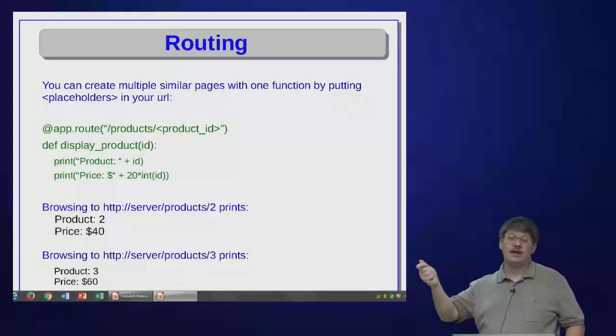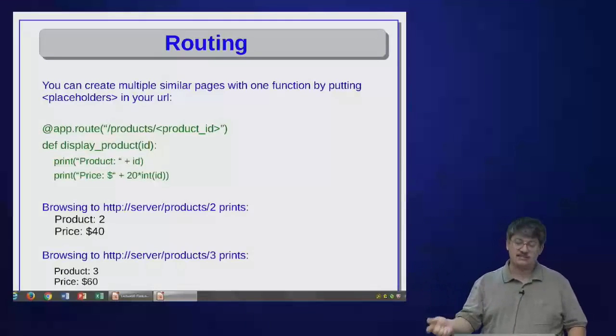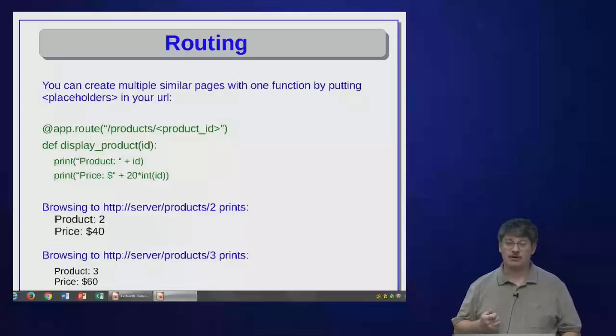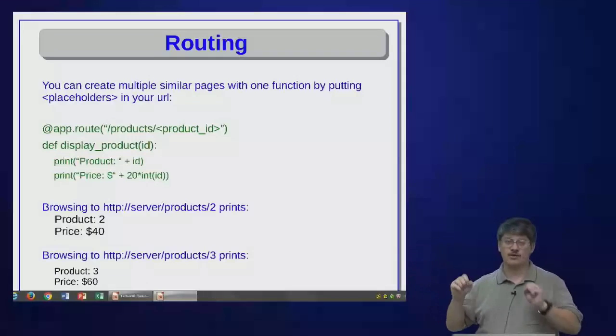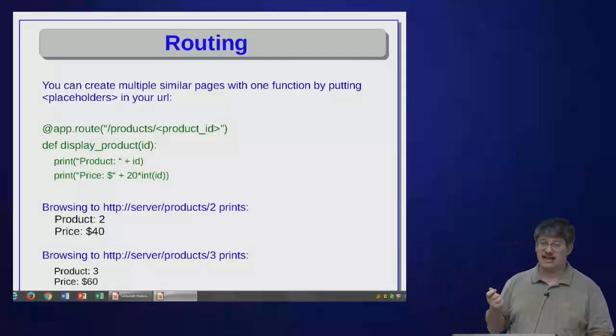And no matter what number they type in for the product ID, it's going to call the display product function. But notice now it's going to pass in a parameter. It's going to set the variable ID to be the product ID. So if we go to /product/3, it's going to set ID to be 3. If we go to /product/7, it's going to put 7 in the ID variable.